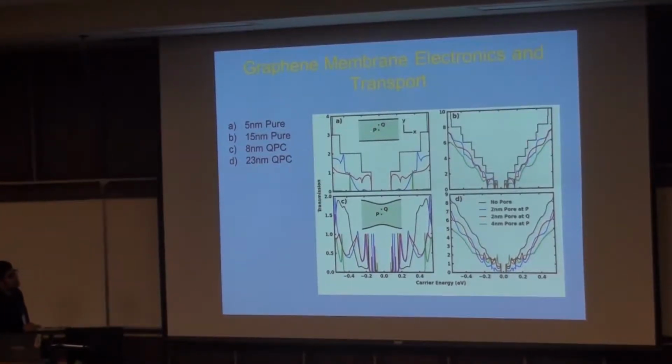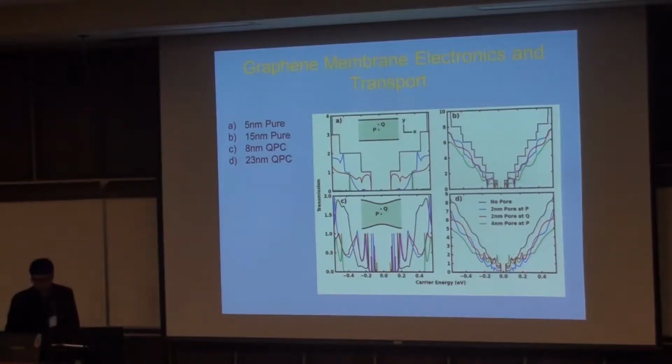In addition, changing the position of the nanopore introduces large changes as well. So it's clear that introducing these sorts of lattice deformations to the graphene nanoribbon can cause very, very complex interactions with the electronics.